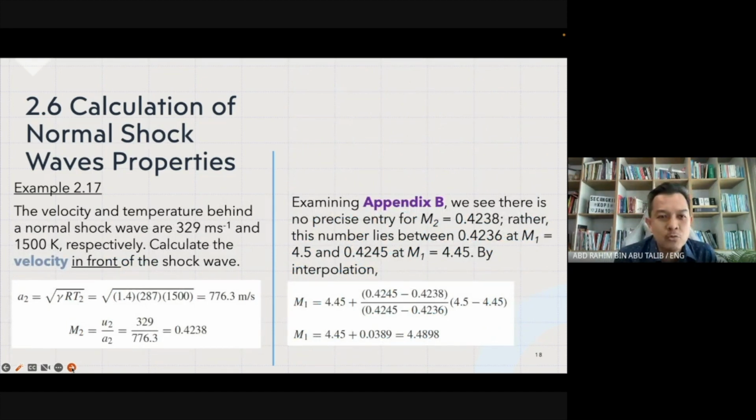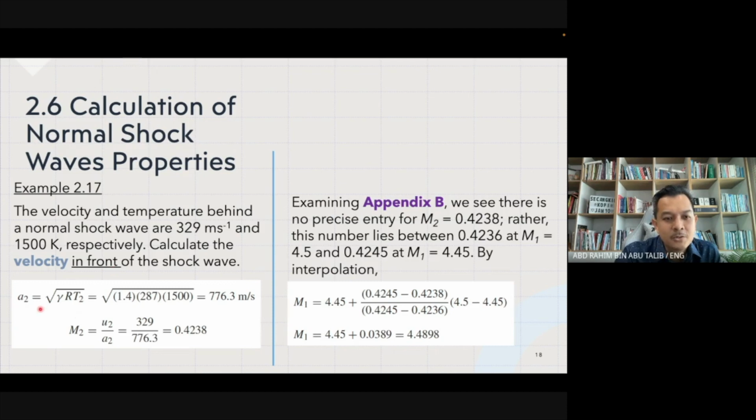Example 2.17. The velocity and temperature behind a normal shock were given as 329 meter per second and 1500 Kelvin. So you have to calculate the velocity in front of the shock wave. Now it is in front.